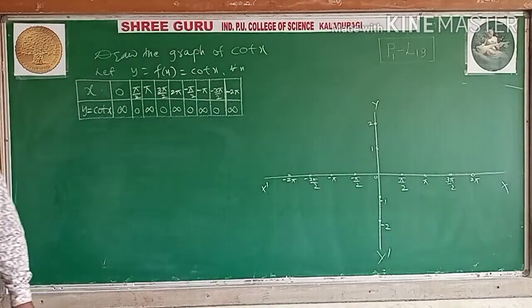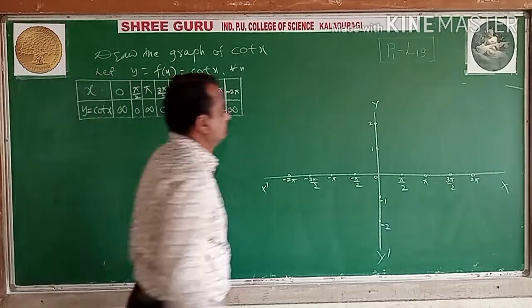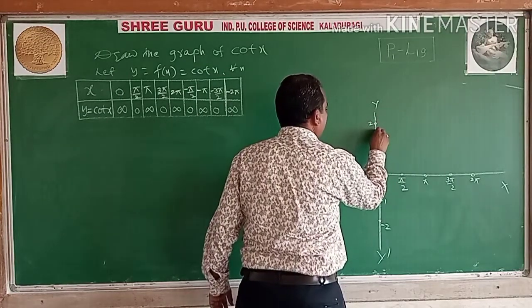See here, students. At 0 you have infinity, on the y-axis only. You should know how to take the infinity lines. At pi by 2 it is 0. After pi by 2 comes pi, and at pi it is infinity.